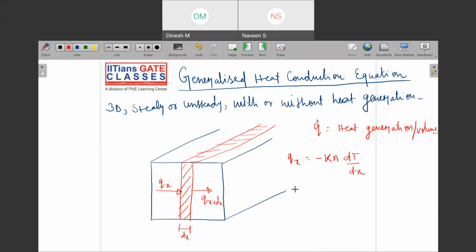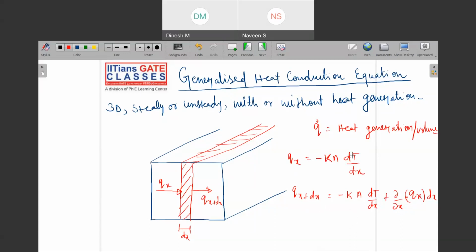And what is qx plus dx? It is nothing but minus kA dT by dx, plus I can write del upon del x of qx into dx. Like you take the differentiation of it and multiply it by the distance you are talking about, right? So qx and qx plus dx I know.